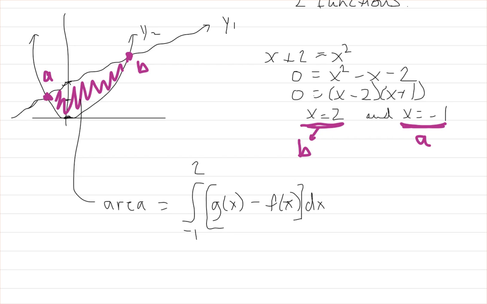Okay, well, in terms of my graph, y1 was on top and y2 was on bottom. So in my scenario, y1 is going to be g and y2 is going to be f. So it's going to be the integral from negative 1 to 2 of g of x, or y1, which was x plus 2, minus f of x, which was x squared.